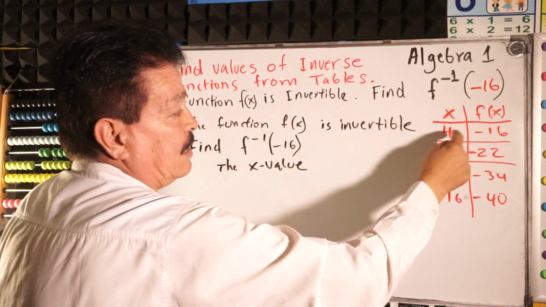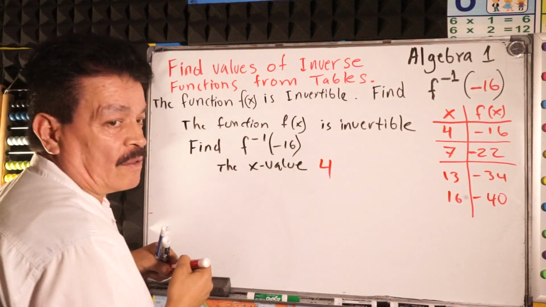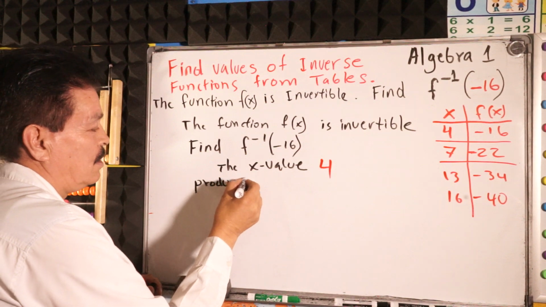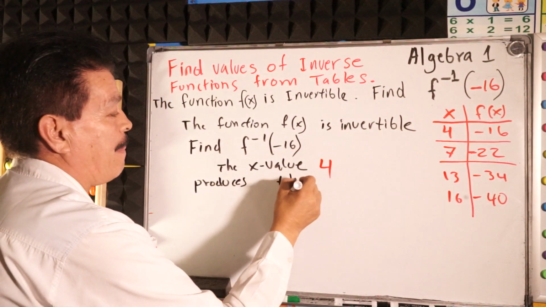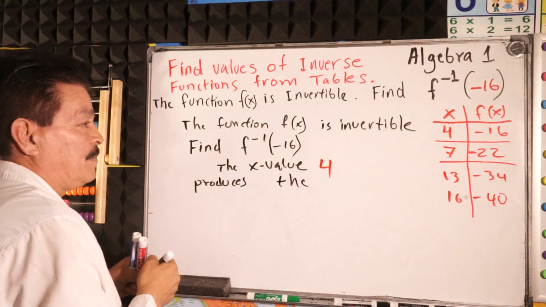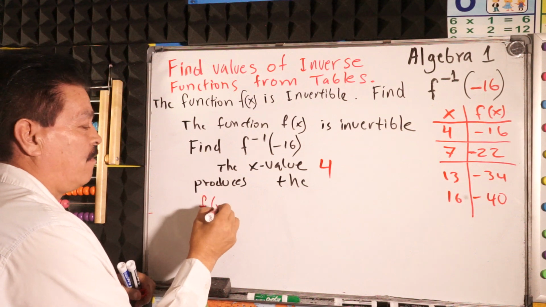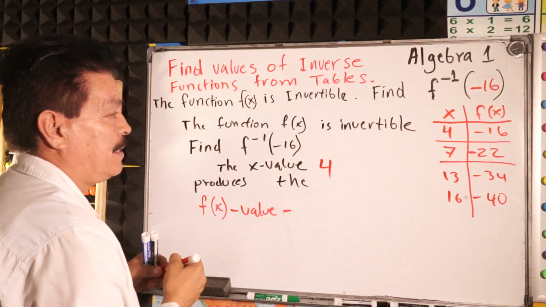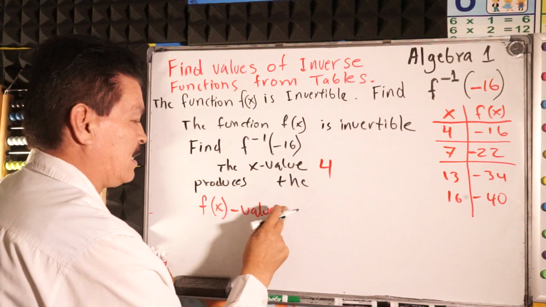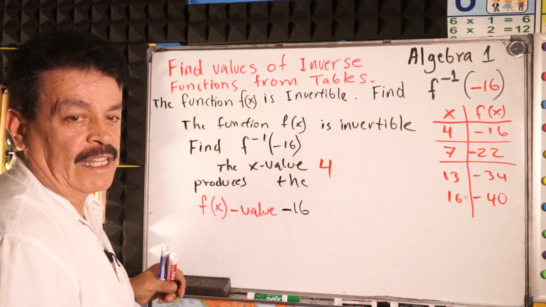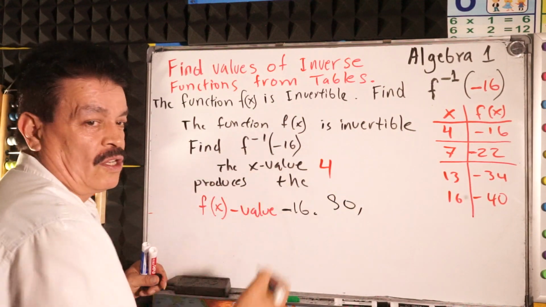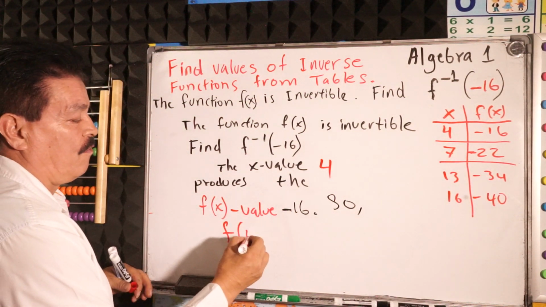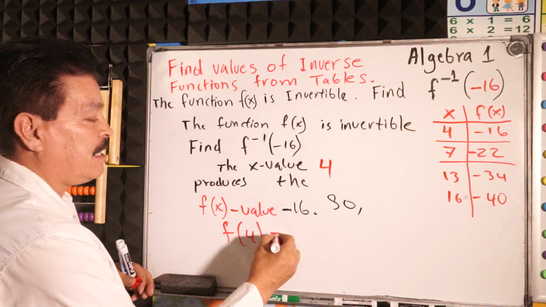What does x value 4 produce? It produces the f of x value negative 16. Then f of 4 equals negative 16.